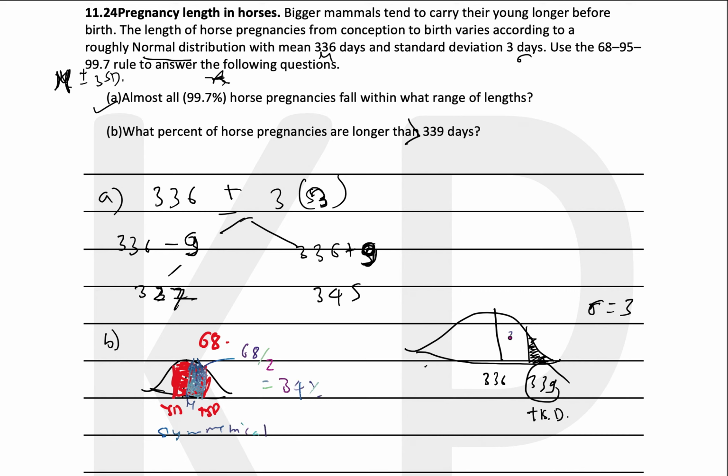So we know that this shaded area is 34%. Since this is a symmetrical distribution, the area of everything after the mean is going to be 50%. So we just subtract to get this area shaded in black, which is the area of our interest. We subtract 34% from 50%, and that's going to give you 16%. That's your final answer.